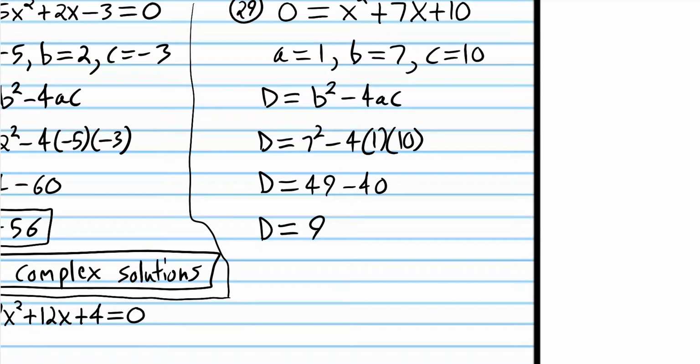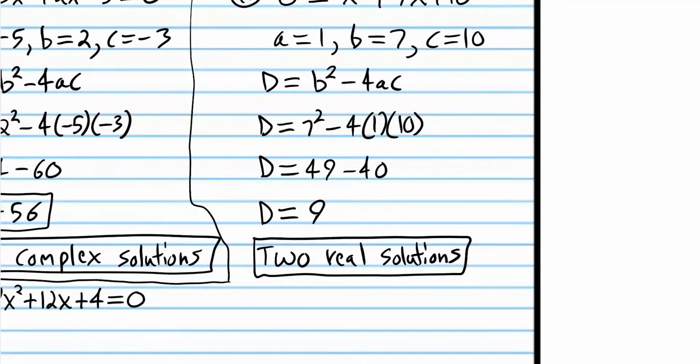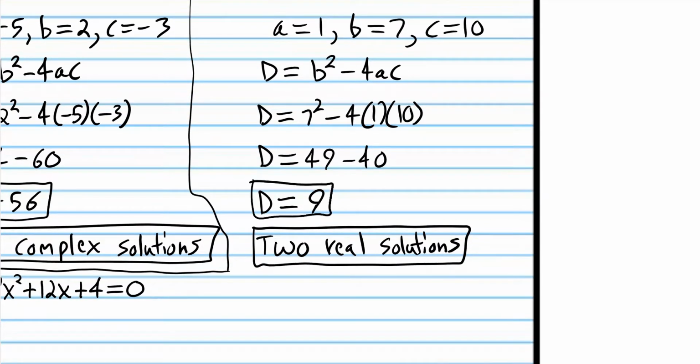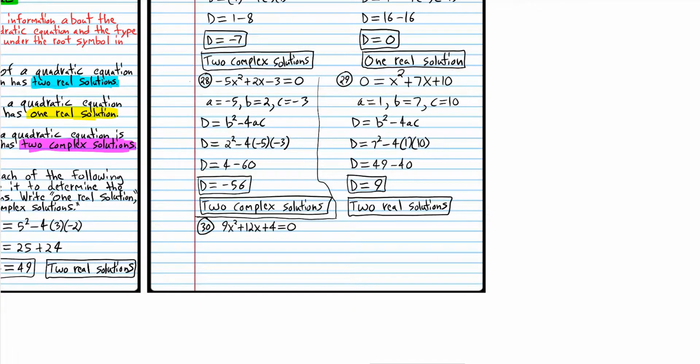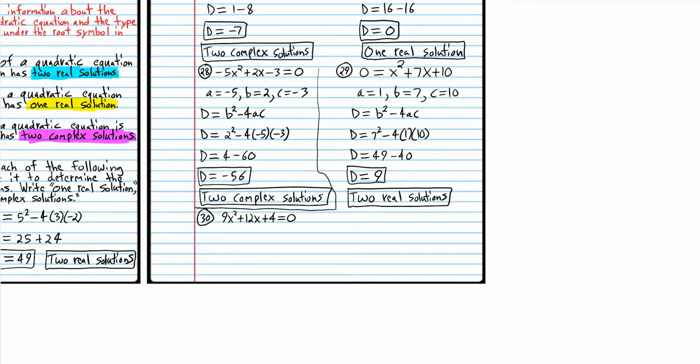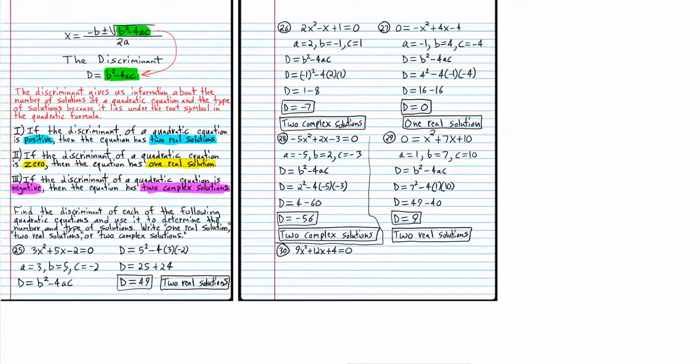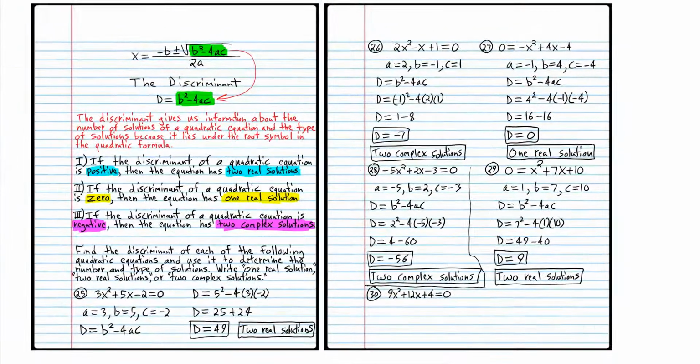That's positive, so that means we have 2 real solutions. So if you got that answer, good job. Okay, go ahead and try number 30. It's the last problem for today, and when you come back, we'll do it together.